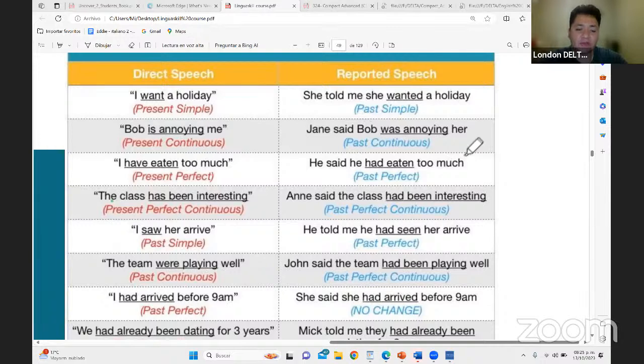Present continuous, past continuous. Present perfect, past perfect. Present perfect continuous, past perfect continuous. You see that we have the past perfect, okay? Past perfect is the limit. You cannot go farther back in the past. Let's say that the past perfect is the furthest back you can go in English.